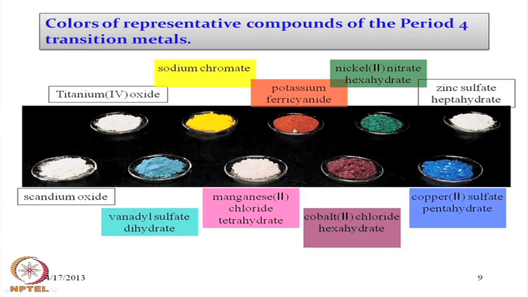Then strongly colored species like potassium ferricyanide, cobalt chloride, nickel 2 chloride hexahydrate, what we have just seen, the dissolution of the nickel salt and the addition of other reagents to change the color. This is copper 2 sulfate pentahydrate. When you dissolve it in water and add ammonia, we get a different color, and zinc 2 sulfate heptahydrate has no color, it is colorless, which is out of the list of the transition metals.